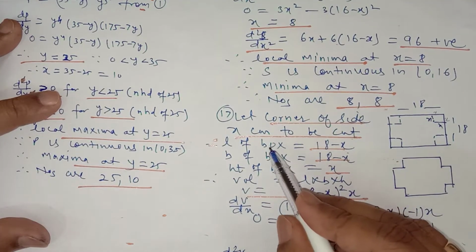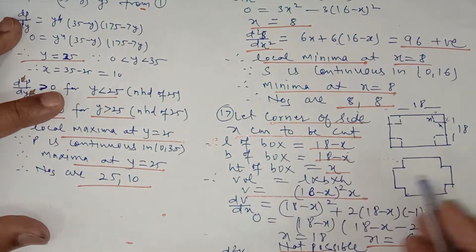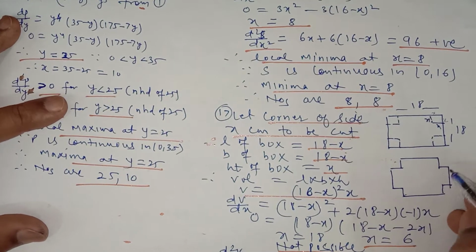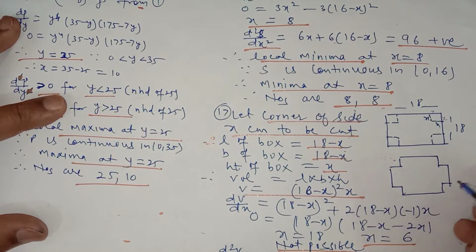So what will be the length of the box so formed? After cutting the corners, we obtain the shape of the cardboard like this.